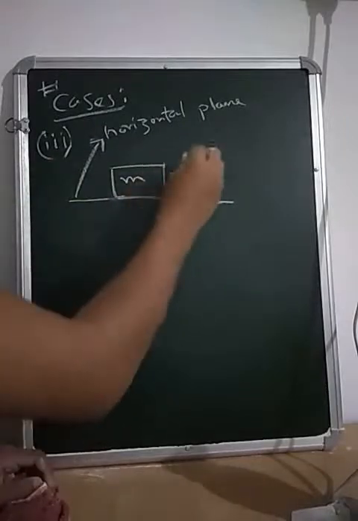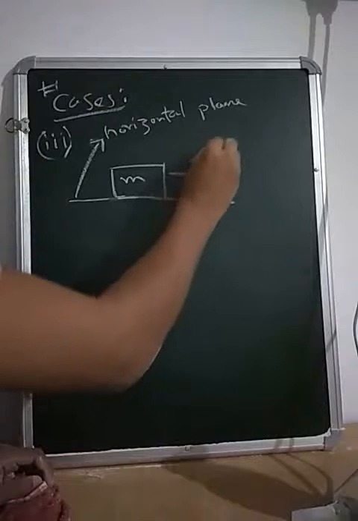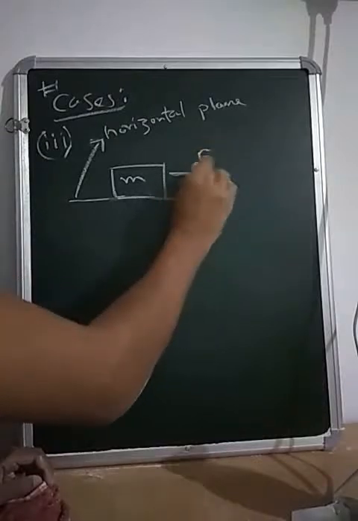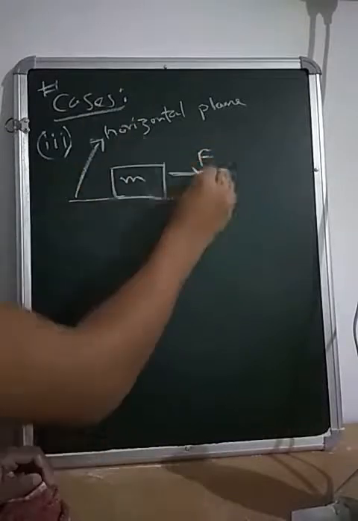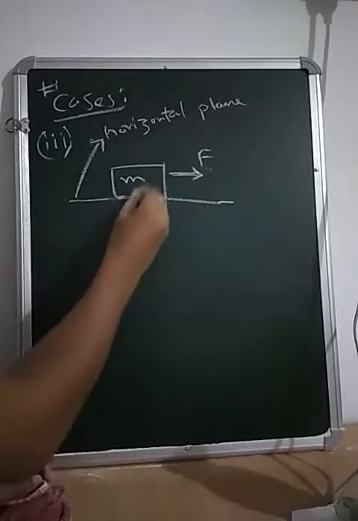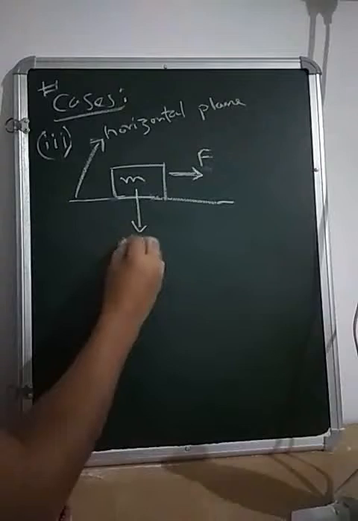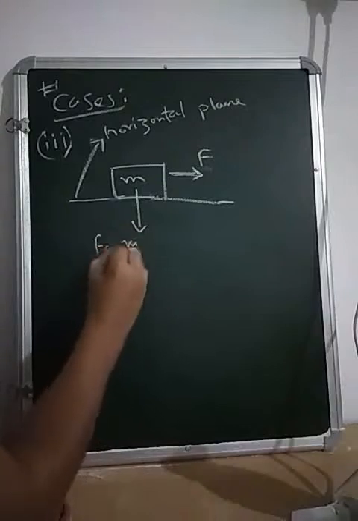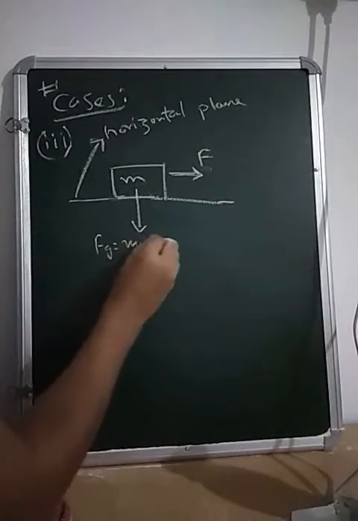Suppose it is moving due to the application of force F, so in the direction of displacement there is a force F. Another force is mg, the gravitational force.